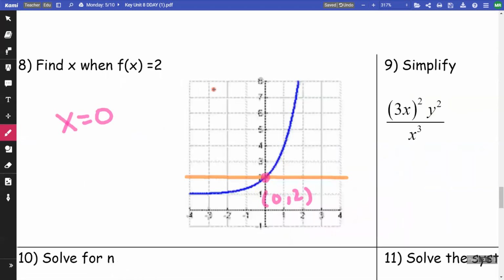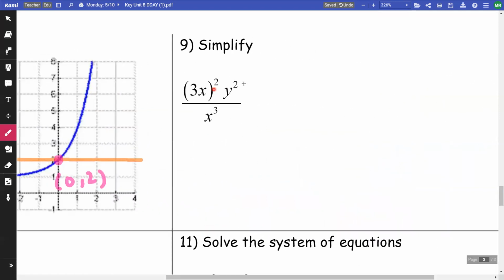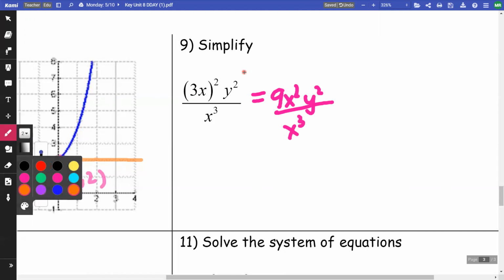On number 9, we're going to simplify this. First thing I'm going to do is let's just kind of clean it up a little bit. So on top, 3x quantity squared is going to be 9x squared. And then I have a y squared and an x cubed. So now what we want to do is simplify.